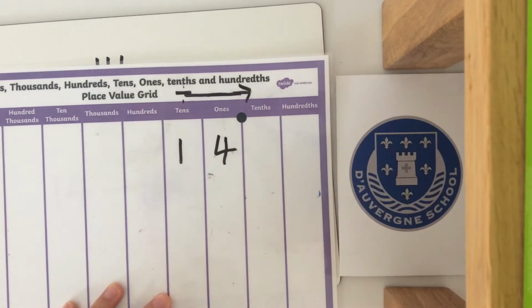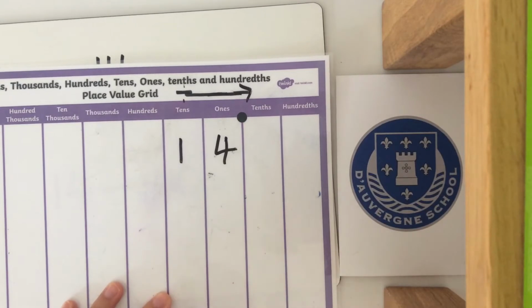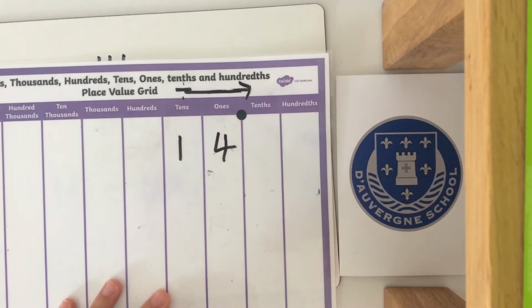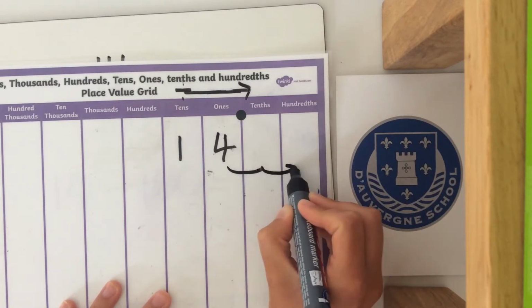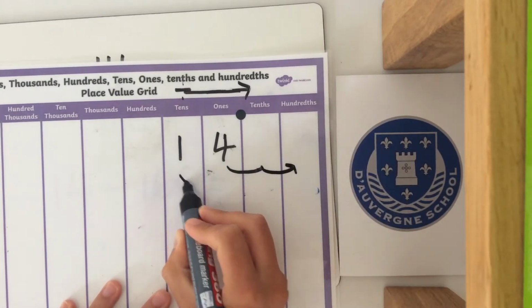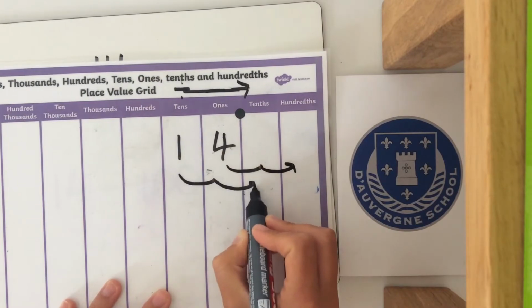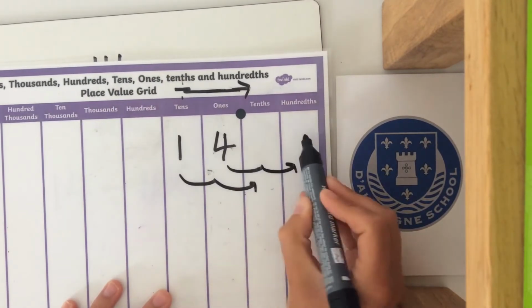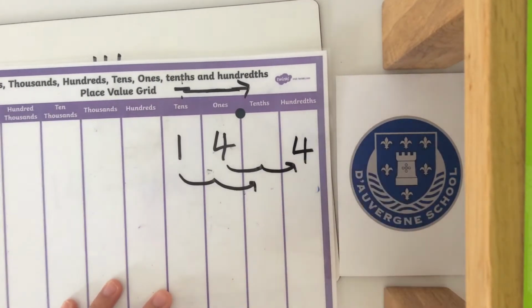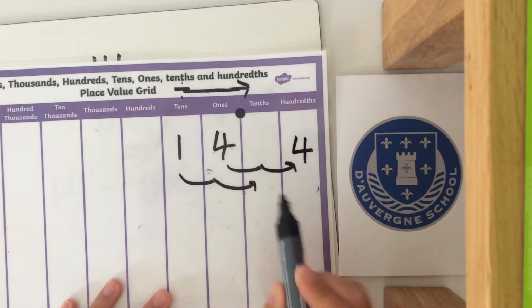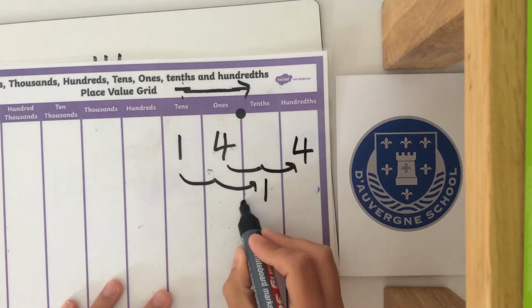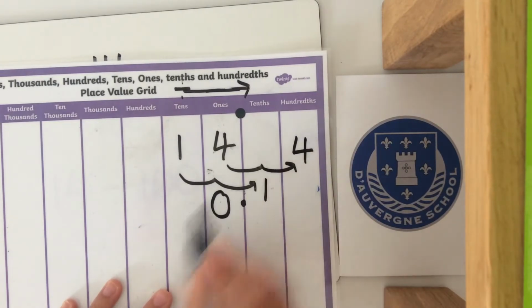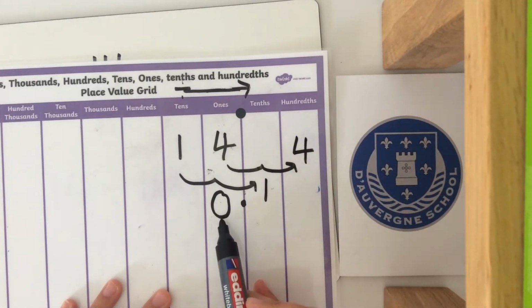When we divide by 100, we move each digit 2 places. Okay, so the 4 is going to go 1, 2, and the 1 is going to go 1, 2. So the 4 moves back to the hundredths column, and the 1 moves back to the tenths column. Okay, and we have our decimal point, and then we have to put our 0 placeholder in. So we have 0.14.